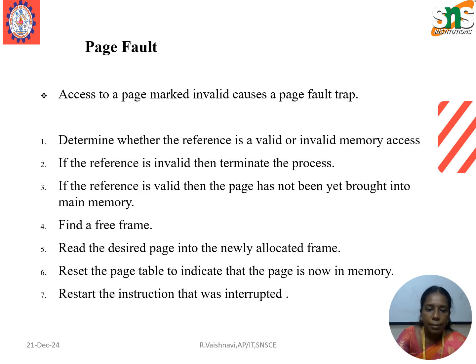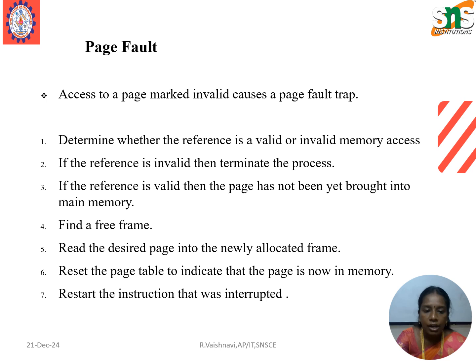Next is the page fault. Access to a page marked invalid causes a page fault trap that determines whether the reference is a valid or invalid memory access. Next point, if the reference is invalid, then terminate the process. Third, if the reference is valid, then the page has not yet been brought into memory.